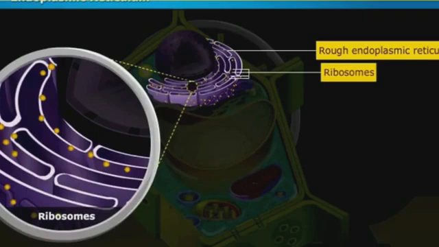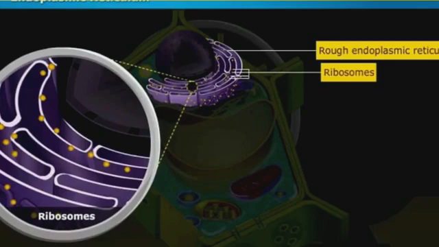Next, smooth endoplasmic reticulum. If endoplasmic reticulum does not contain any ribosomes, that is called smooth endoplasmic reticulum. It helps in producing fat molecules.